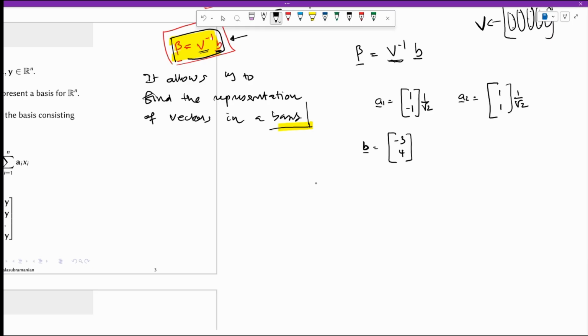Now I ask you, what is the representation of B? I'm going to write it like this. This means the representation of B in the A basis. How do we find this out?